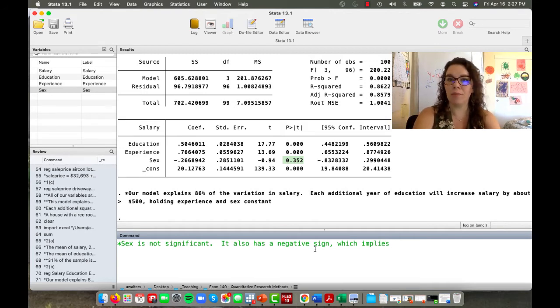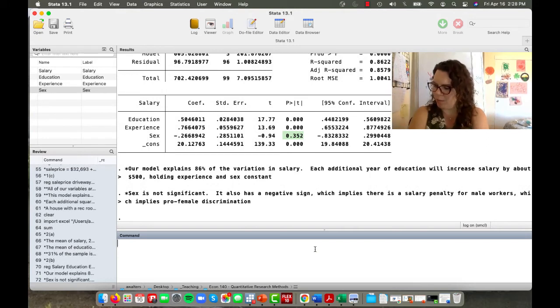It says that being male has a negative effect on salary. So it doesn't really help us explain sex discrimination in the workplace, right? And it's not significant. It's highly insignificant.